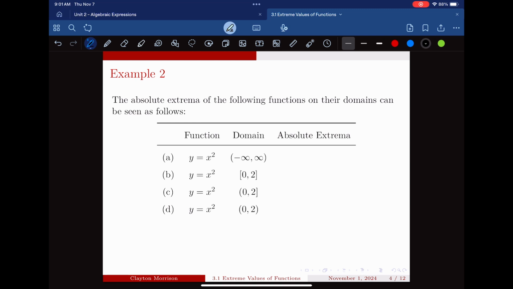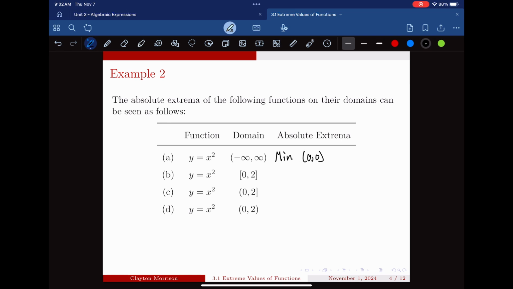Sorry, a little foggy. The absolute extrema of the following functions. It's just the same function, right? But your domain is a little bit different. If your domain is all real numbers, you guys know what x squared looks like. The absolute minimum, not maximum. The absolute minimum is 0, 0.